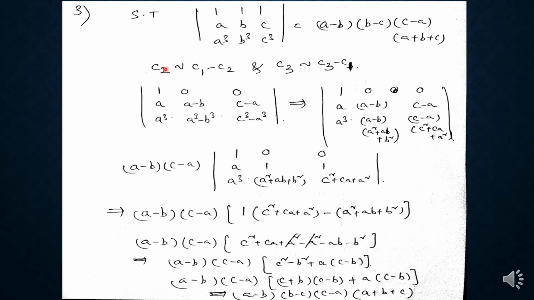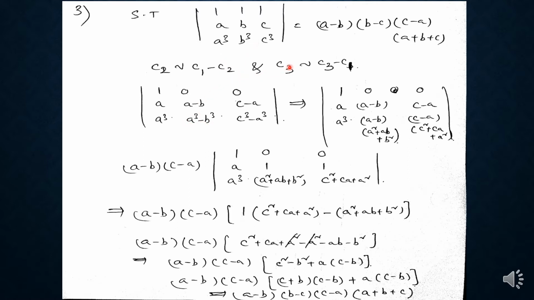Here C1 is constant, there is no change in the column 1 elements, that is 1, a, a³. Now C2 changes to C1 − C2, means the C1 element is 1, 1 − 1 = 0, a − b, a³ − b³.